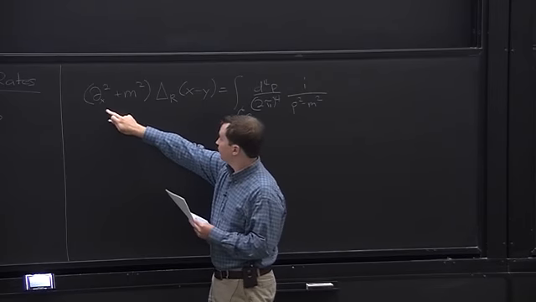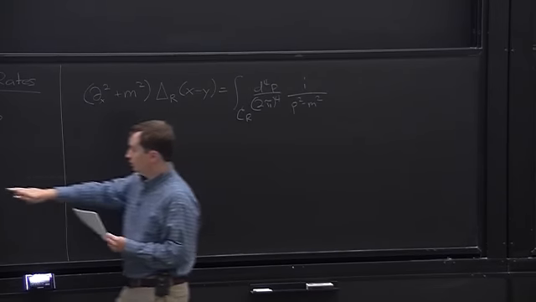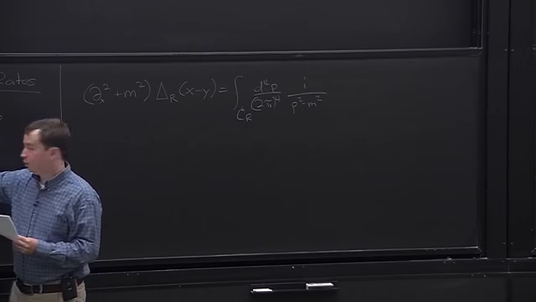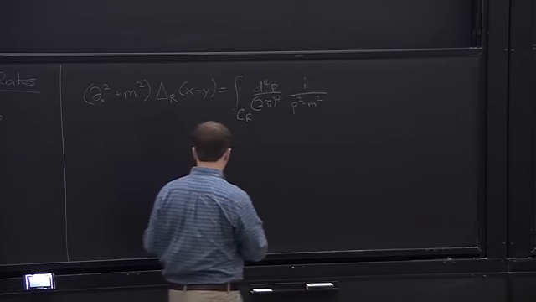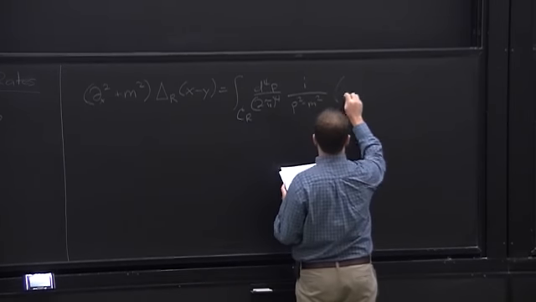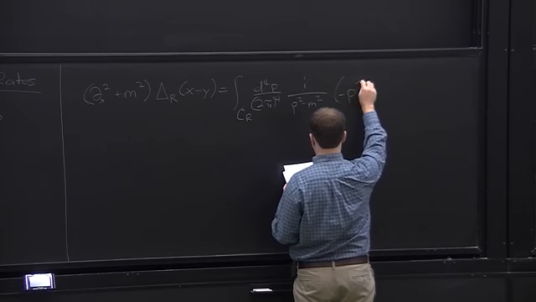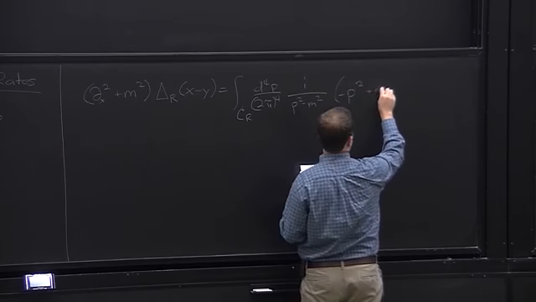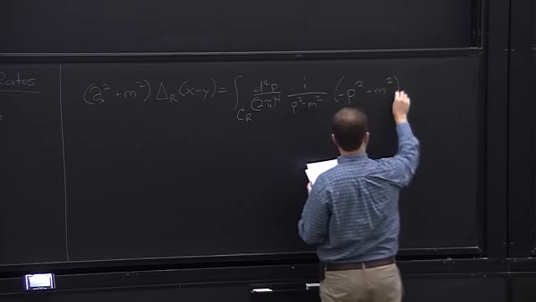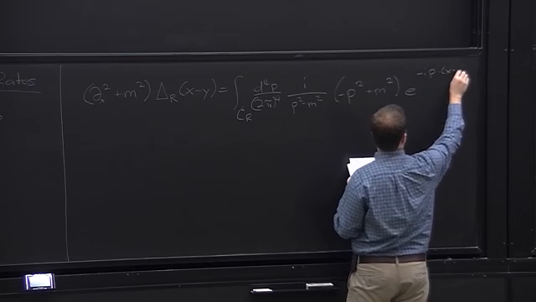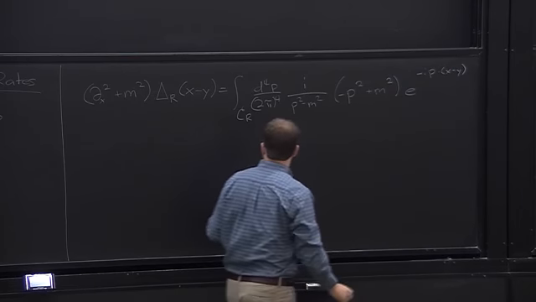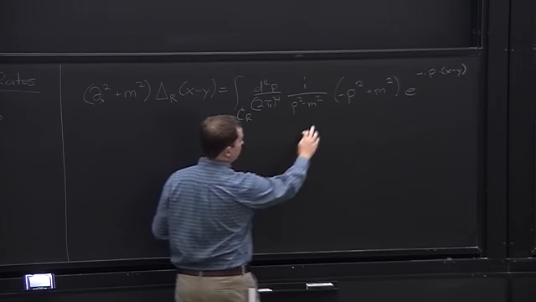This derivative, when it acts on the exponential, will just bring down factors of minus ip. So we'll get a minus p squared plus m squared, e to the minus i p dot (x minus y). And this cancels out.